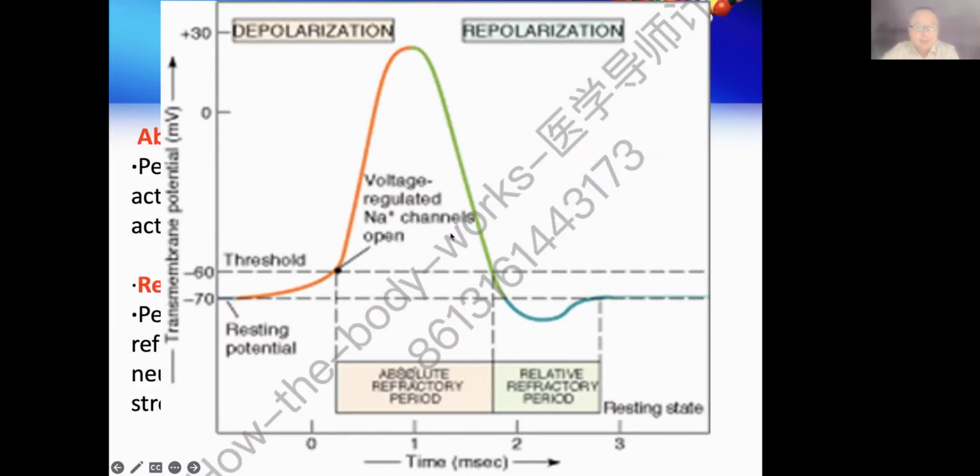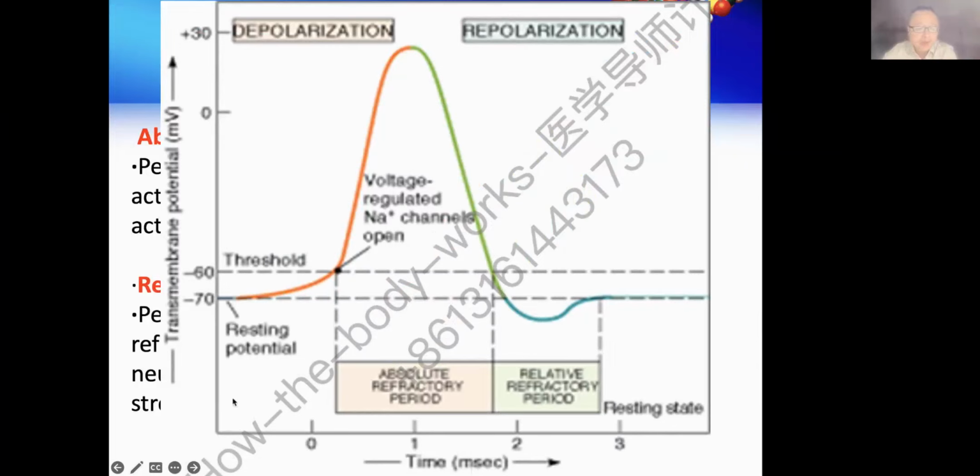I think you can see in this graph, on the x axis it is time: 0, 1, 2, 3. The unit of the time is millisecond.